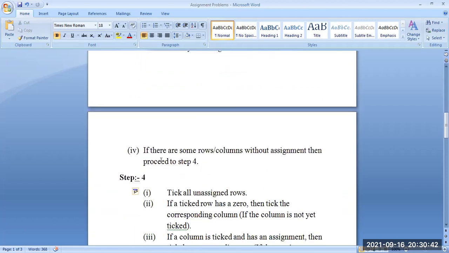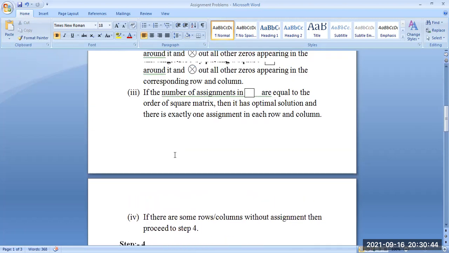So the process is complete. If we are able to assign all the zeros and the number of assignments is equal to the order of the square matrix, then the assignment process is done. Then we calculate the cost.